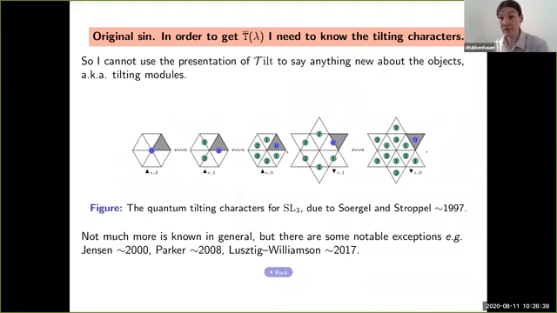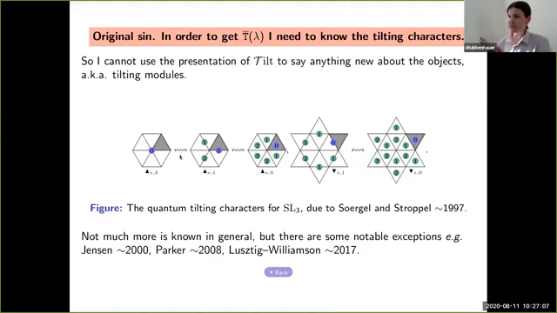That's what I want to get rid of. I think there should be a purely diagrammatic way, we'll see it in a second, to not have to do this, but at the moment I have to rely on knowing what the tilting characters are. And that's of course a huge problem, because from SL3 onwards, I just don't know what they are, right? But I'm hoping to have, in the future, a strategy which avoids this, okay?